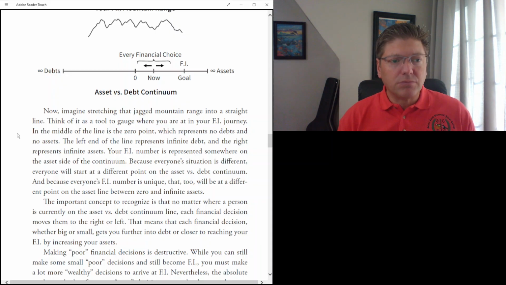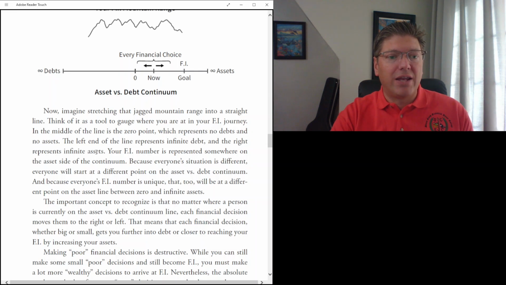Okay, it's going to help you gauge where you are in your financial journey. In the middle of the line is the 0 point, which represents no debts and no assets. So right here in the middle. The left end of the line represents infinite debt, right over here. And the right represents infinite assets over here.